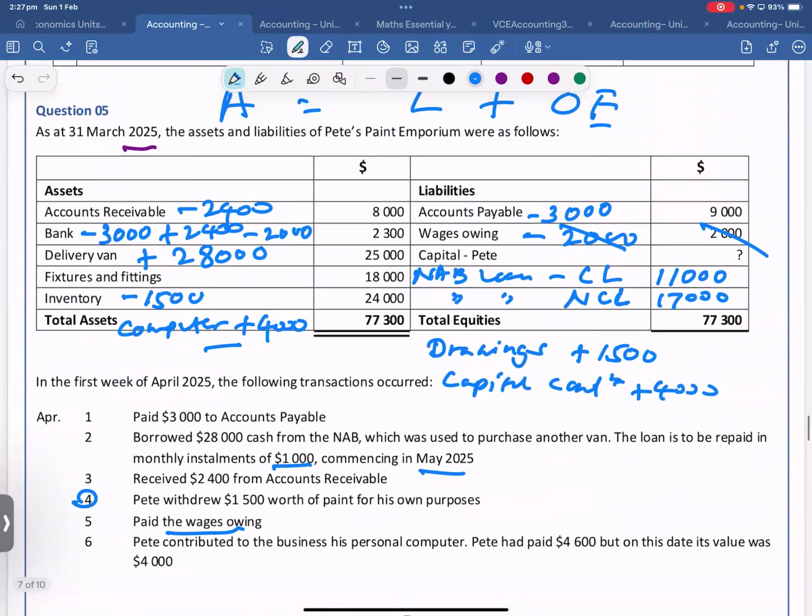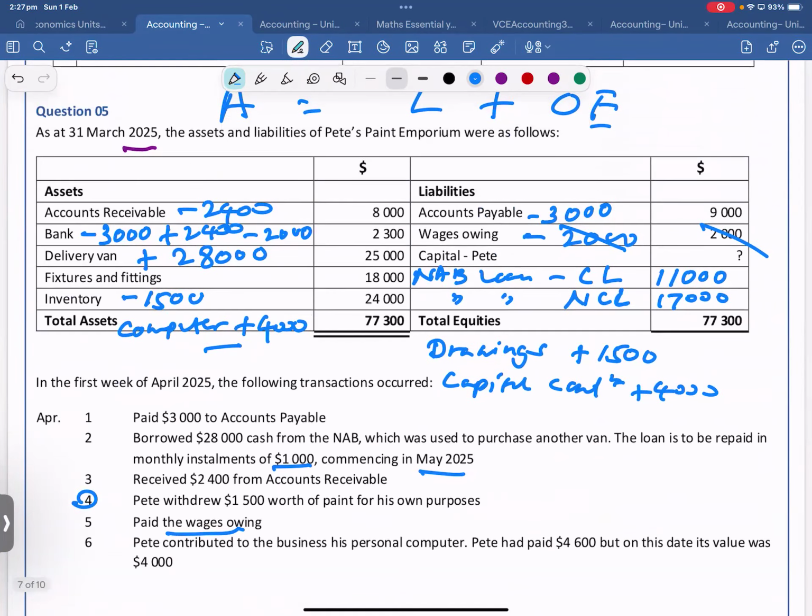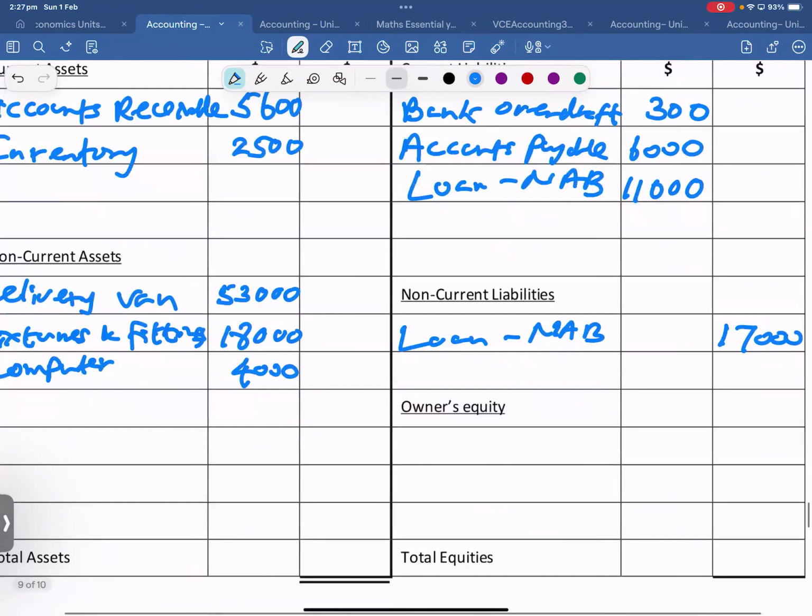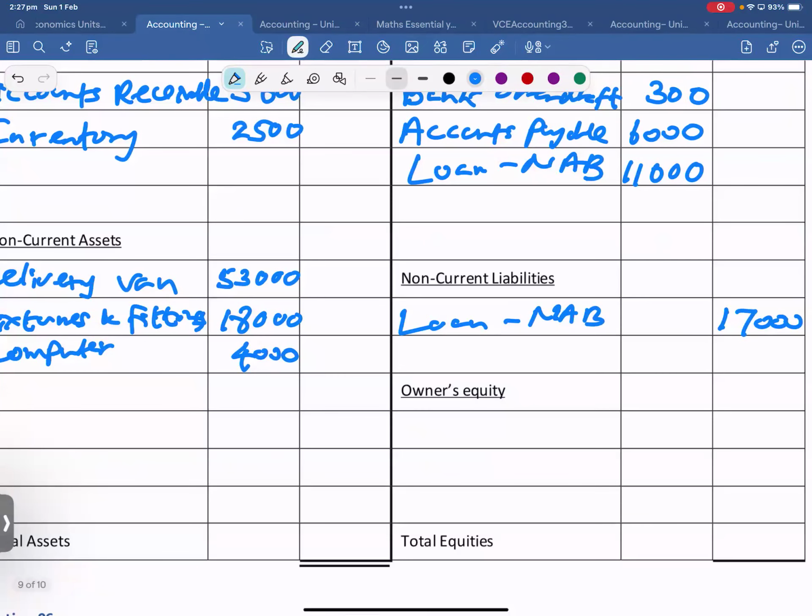We have liabilities done. Now we have to do the capital. Remember, we calculated the capital earlier, Tanisha. 66,300. Yes.